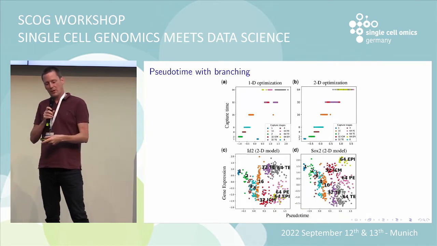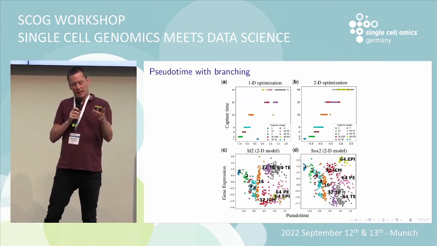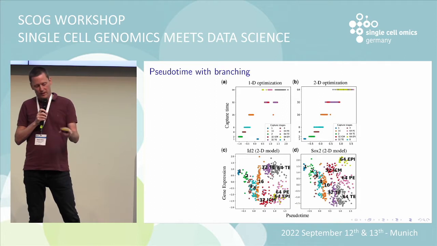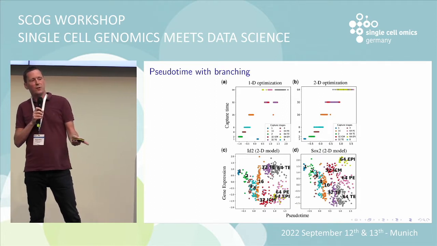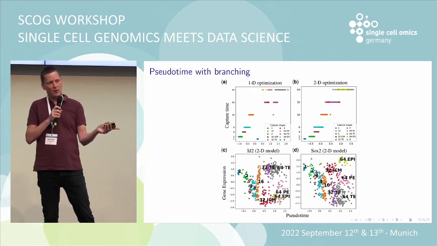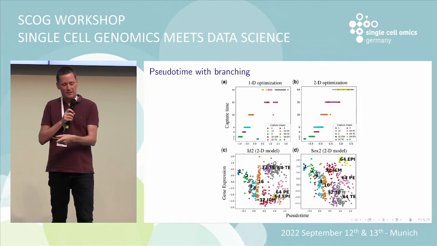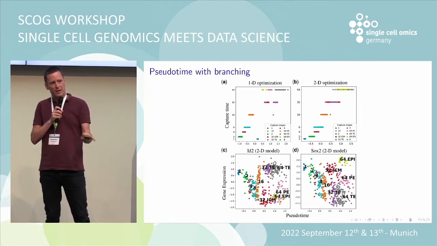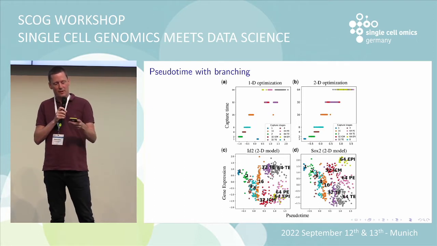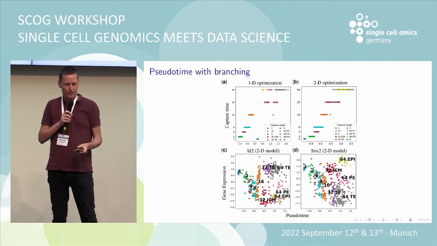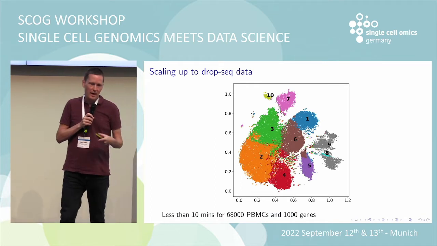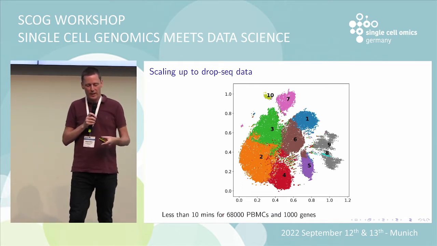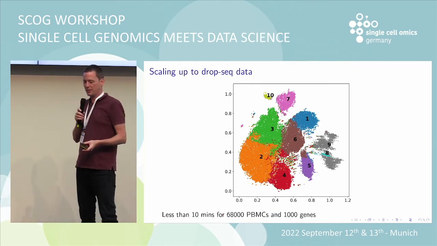And what we also noticed was that having this extra x variable also improves the pseudotime inference along the x-axis. So having the 2D optimization actually makes the pseudotime inference better than doing it in 1D. And the model scales up because we have this scalable implementation.